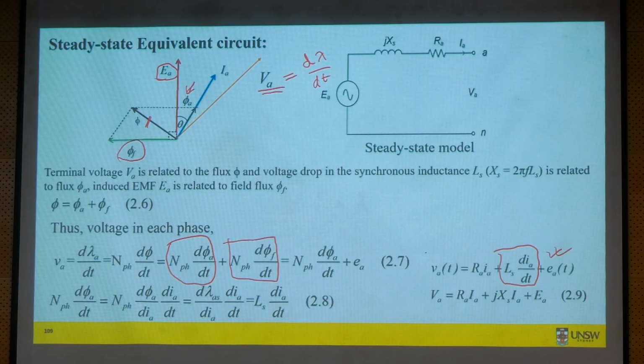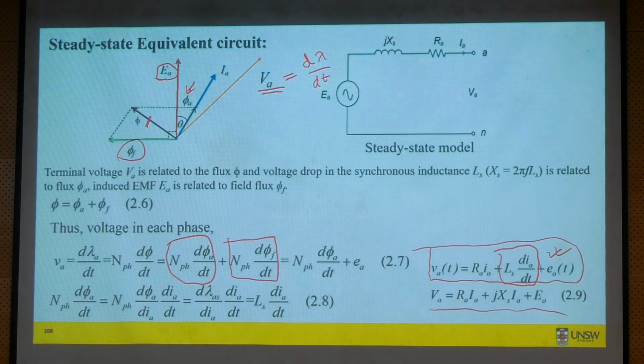So this equation, I think most of you are familiar with. This is the single phase voltage equation, okay, and it is a time domain equation, right? And we can express all of them as phasors. Then we get the steady state voltage equation, based on which we have our equivalent circuit.